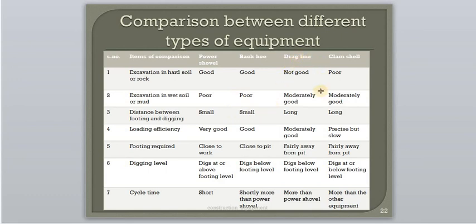With the dragline and clamshell, it can be easily transported. Loading efficiency: power shovel has very good load carrying capacity, backhoe is a little less compared to power shovels, dragline is moderate, and clamshell is precise but low.